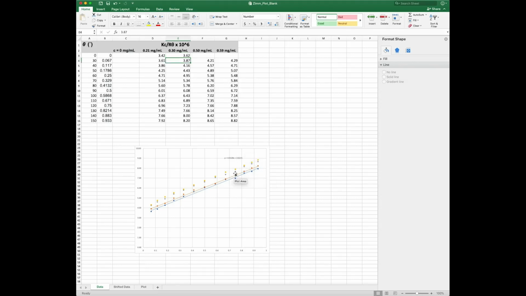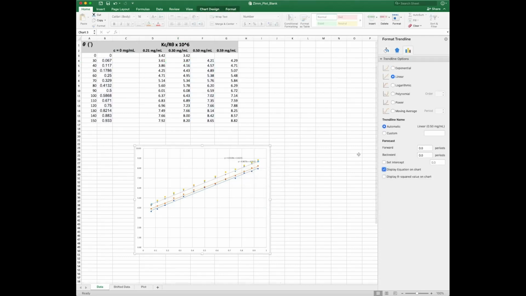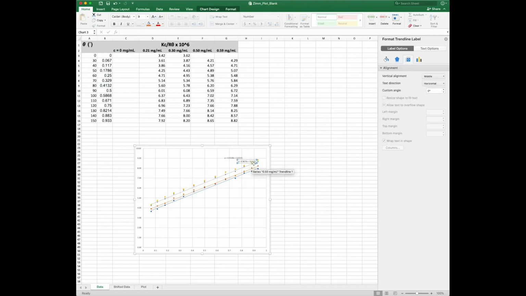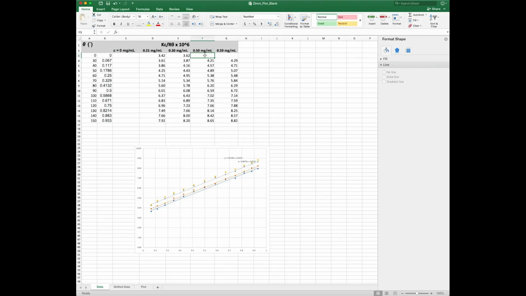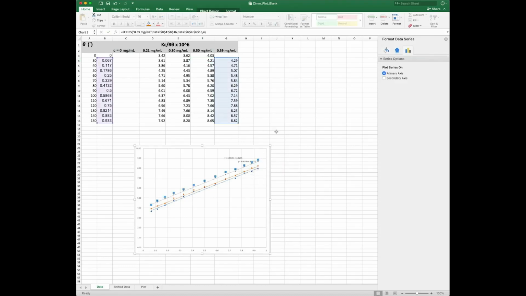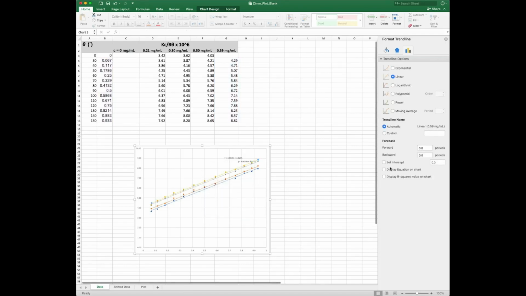We've just got a couple of concentrations left. Click on this, add a trend line, display the equation. The scattering here, you can see from this, is 4.03. And finally, we can add a trend line and display the equation.